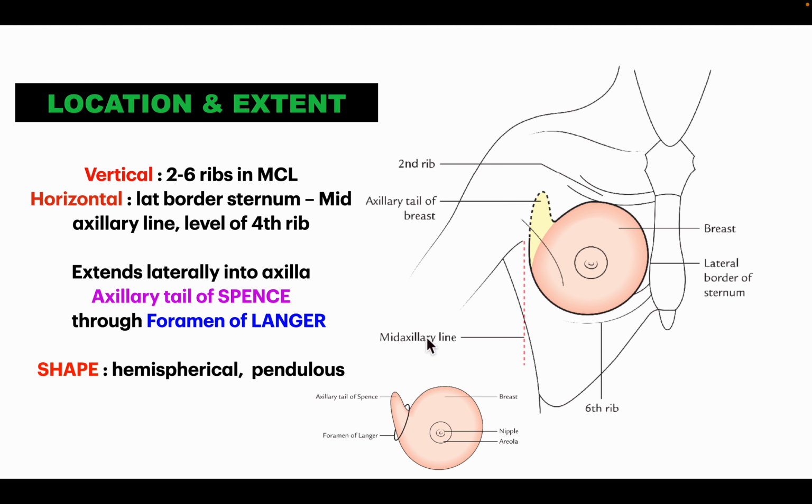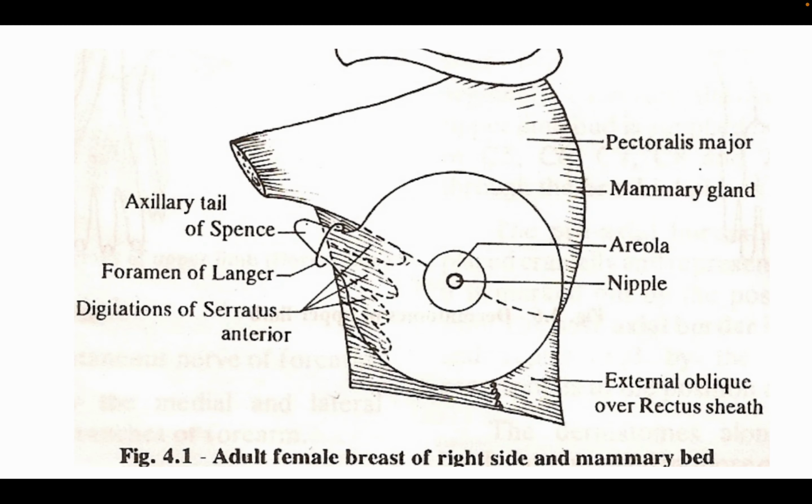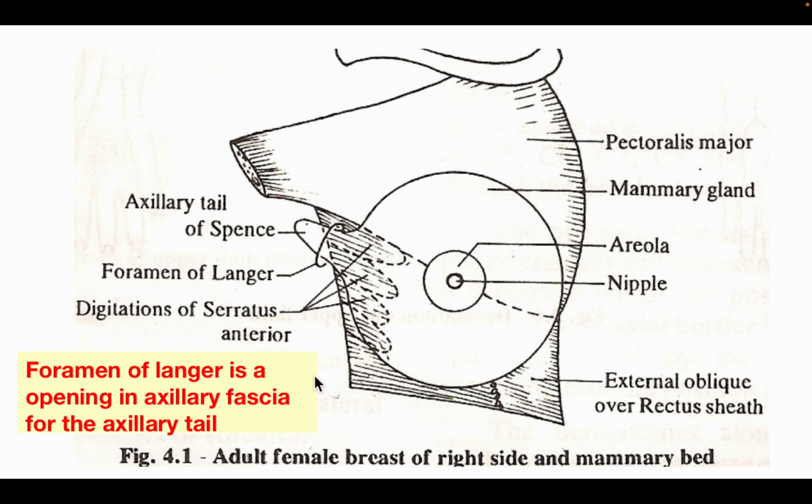Now the shape of the mammary gland is hemispherical, or we can say pendulous in shape. The foramen of Langer is an opening in the axillary fascia for the axillary tail of the mammary gland.